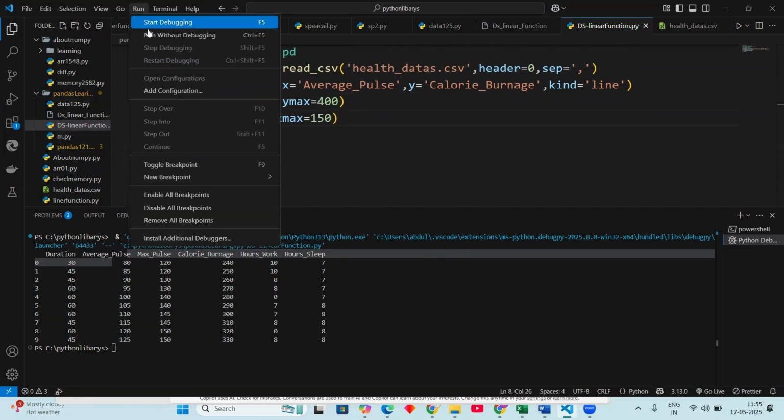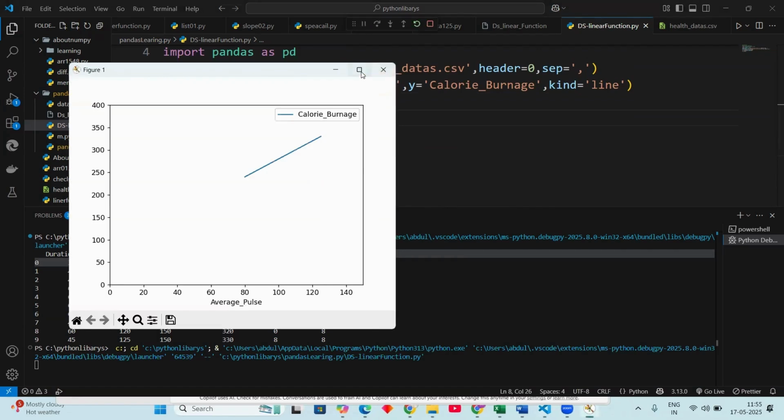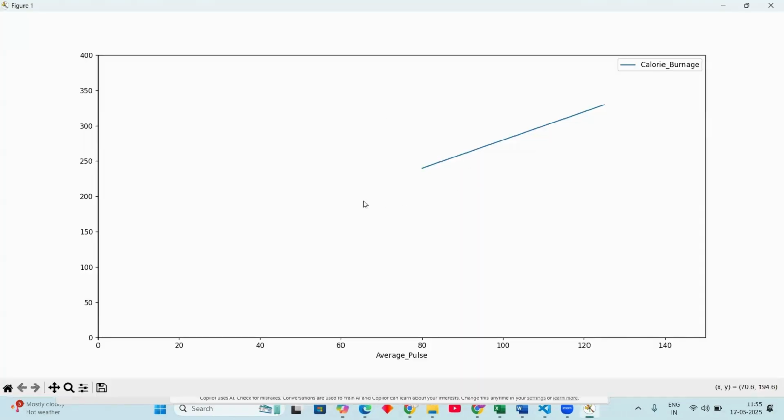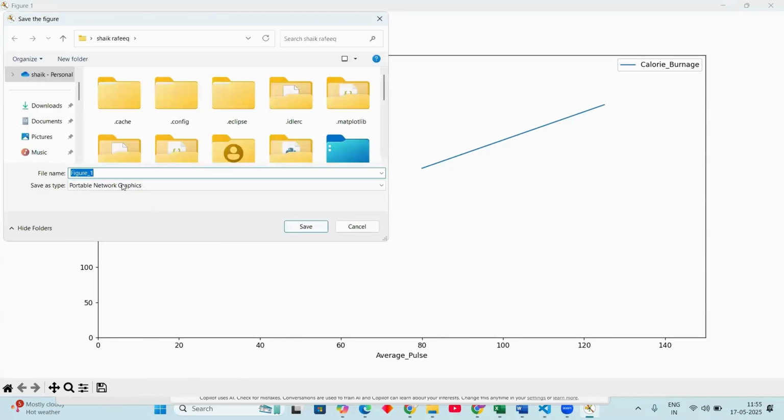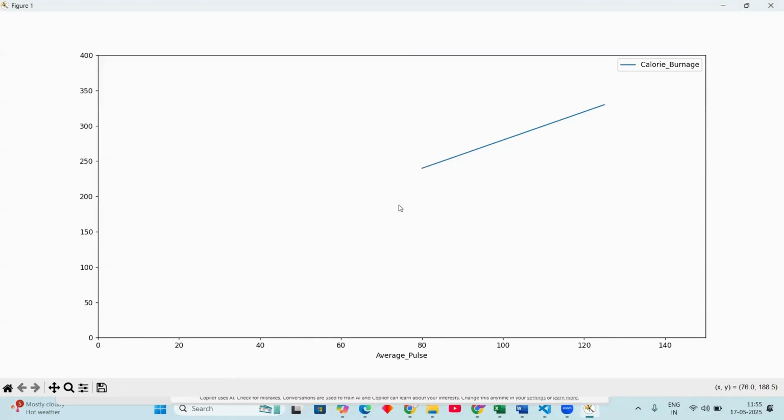Now run the data. See, the data is done, right? See here, I'm saving it. We are accessing 80, where the average pulse is starting.